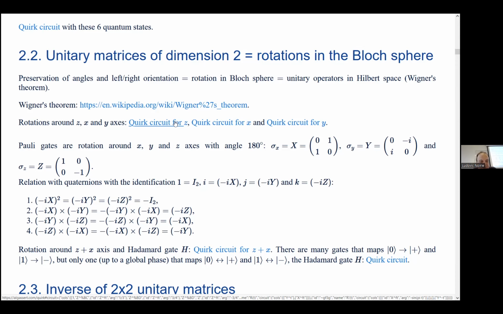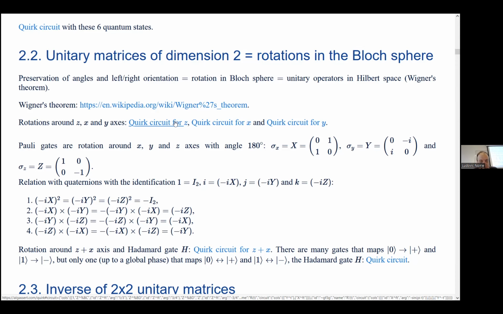The unitary matrices represent a specific kind of isometry on the Bloch sphere, the one for which the orientation is preserved.